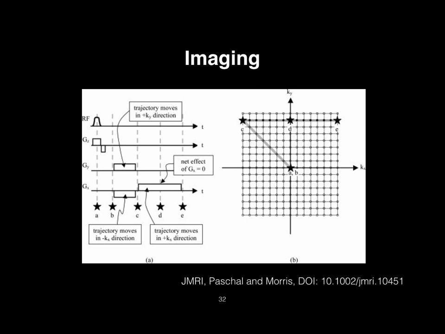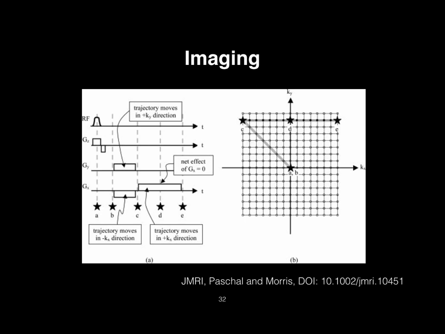But now as you turn on those gradients, so now after B, so A and B are still at the center here, as you turn on your Y gradient, it takes you out to this corner of k-space here, and your X gradient is negative, so that actually takes you back in negative X. So kx is positive this way, ky is positive this way.